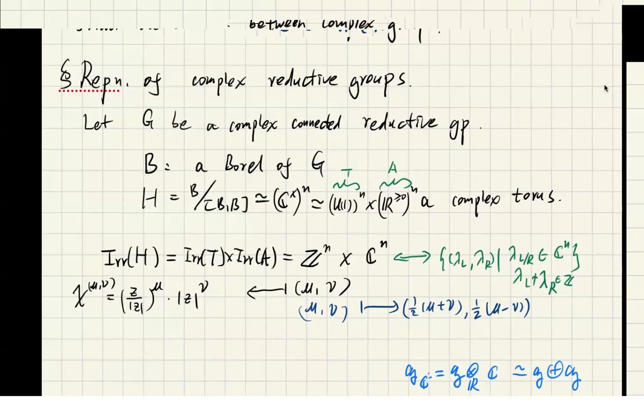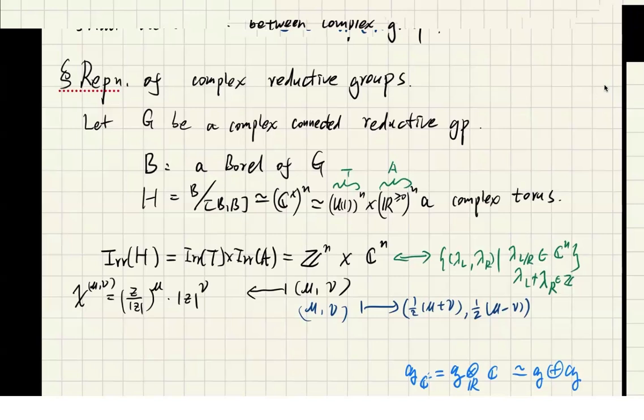Okay, so the representation of complex reductive groups was settled by Zhelobenko. But how do you get irreducible representations? Nowadays you know that it can be deduced from the Langlands philosophy, or realized as Langlands quotients. But what is the explicit form?